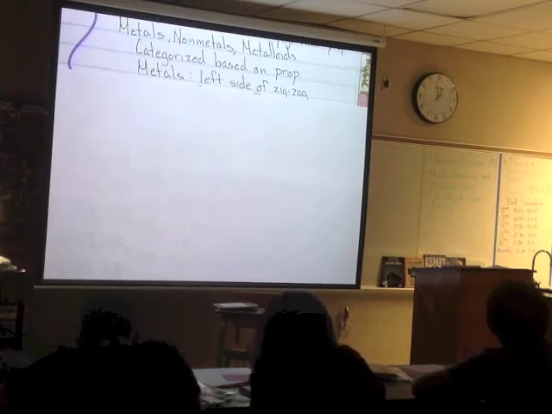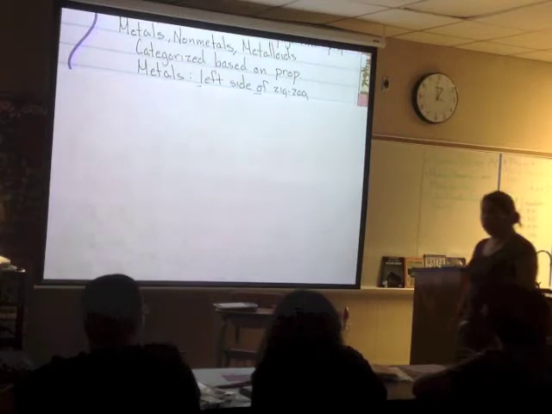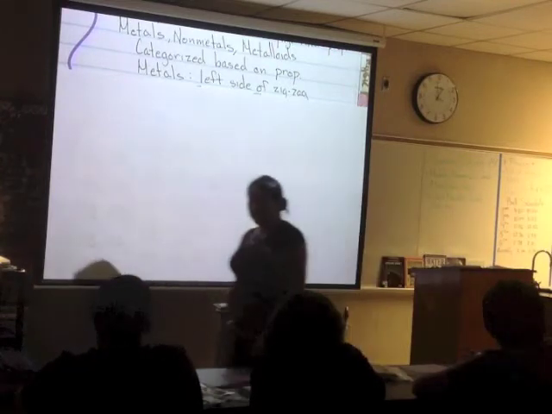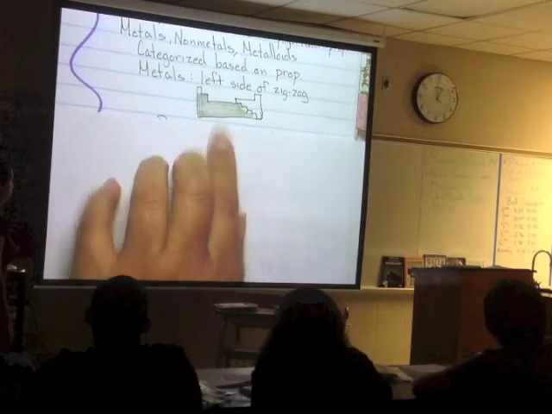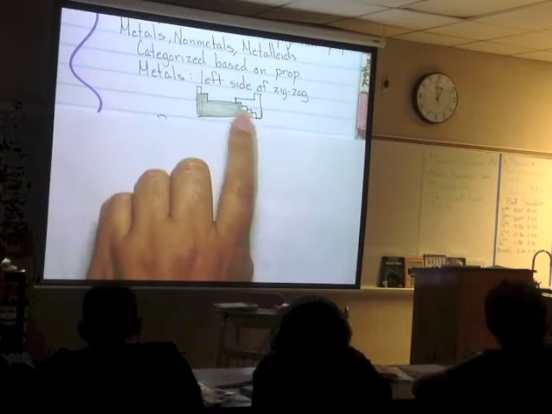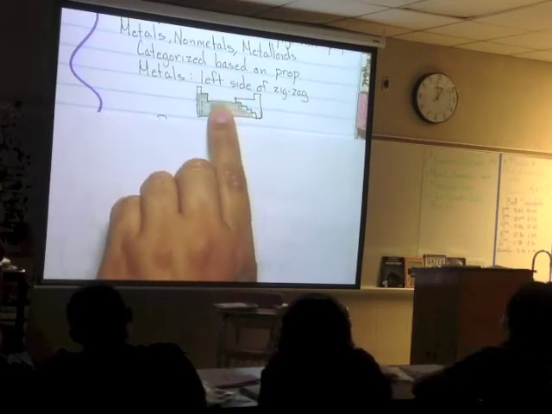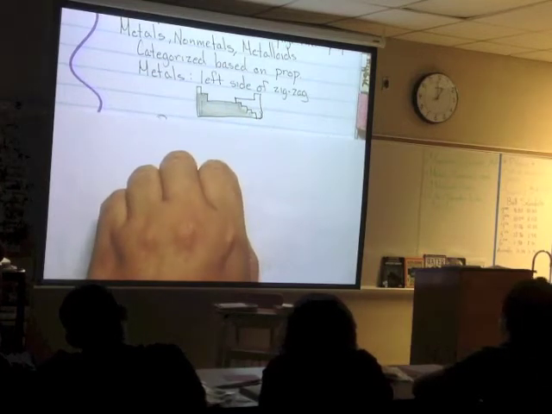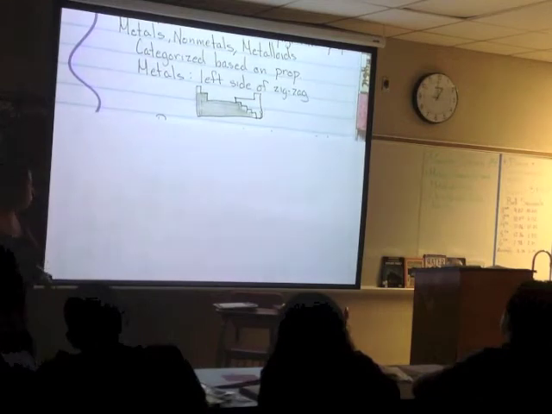So every element on the left side of that zigzag line is a metal except for hydrogen. Hydrogen is not a metal. But every other element to the left of that zigzag line is considered a metal. So I just kind of real quickly sketch a little periodic table. Here's my zigzag line, which would be my metalloids. So all the elements on this side are considered metals, except for hydrogen, which is atomic number 1.